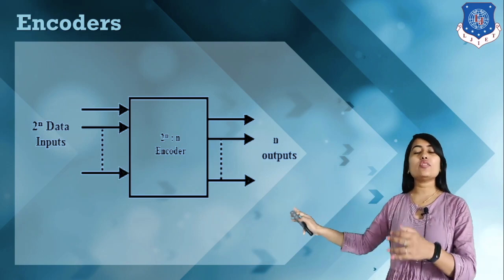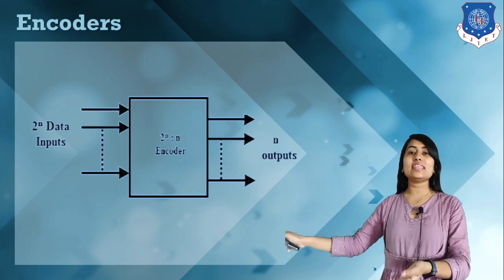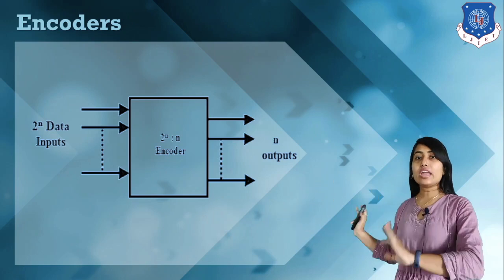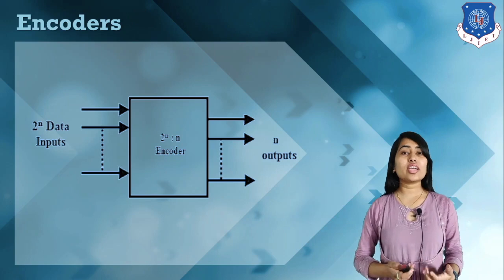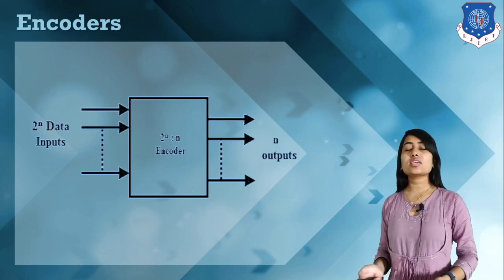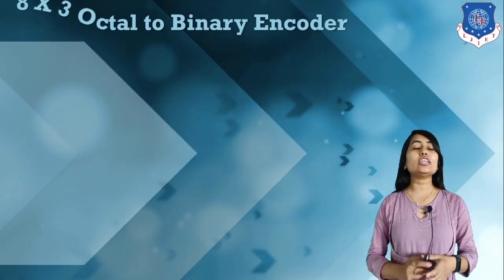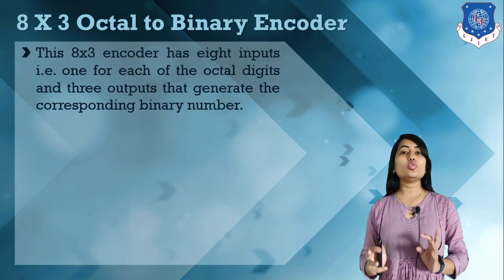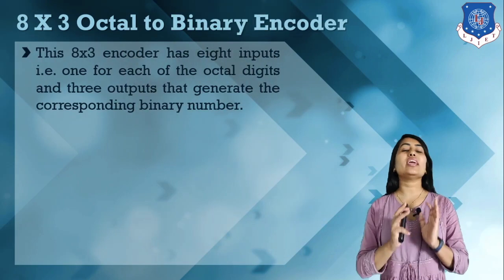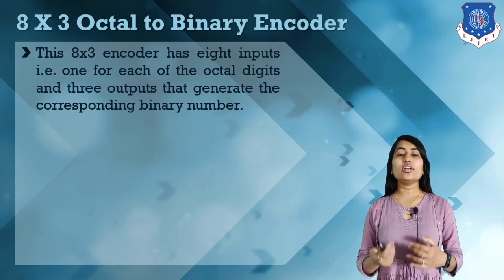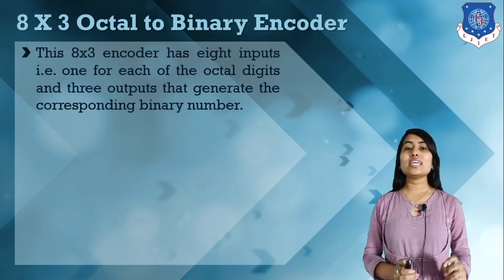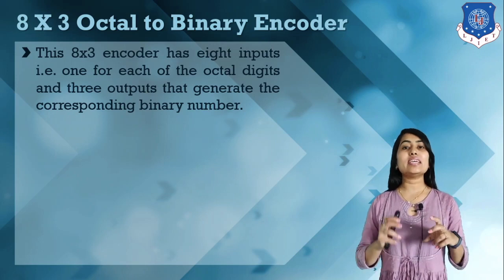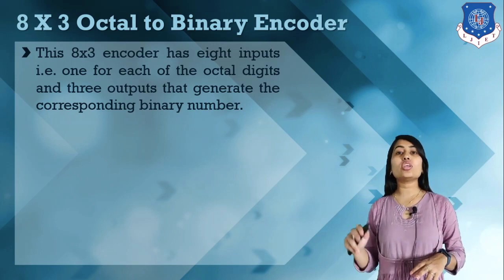Here we have 2 raised to n data inputs, and these are encoded into n bits of data. There are different kinds of encoders, but here we discuss the 8 cross 3 octal to binary encoder. This 8 cross 3 encoder has a total of 8 input lines, and these 8 input lines are encoded into 3 output lines.